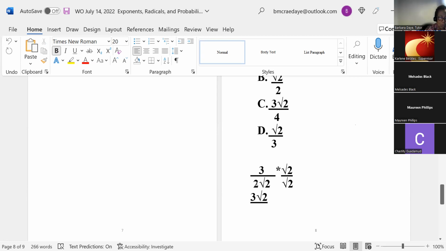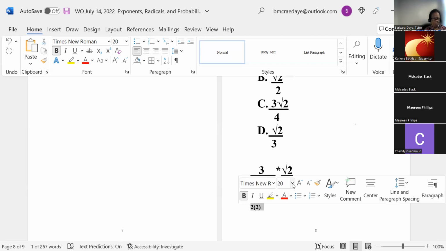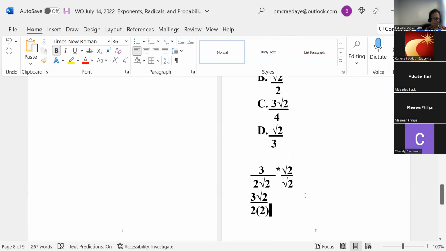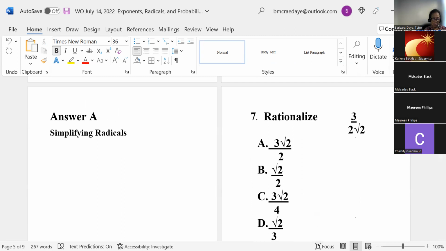So we have 2 times square root of 2 times square root of 2. Now we said a radical times itself just gives you the radicand. Square root of 2 times square root of 2 just gives you 2. But look, I have a 2 right here, right? So let me put that 2 there. And square root of 2 times square root of 2, we said that was 2, right? What's 2 times 2, Mercedes? 4. So what's the answer? 3 times square root of 2 over 4.